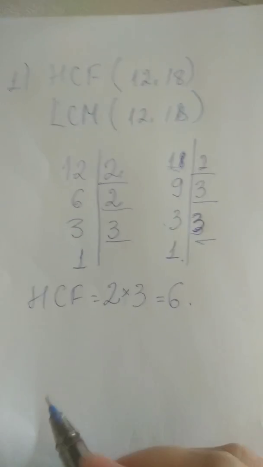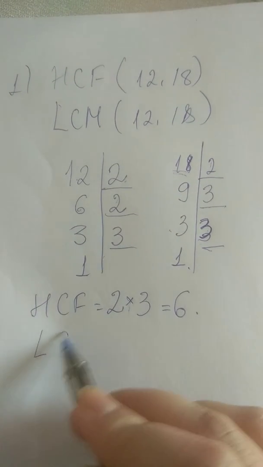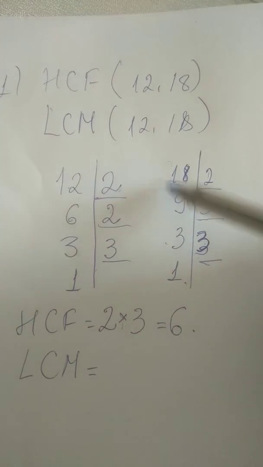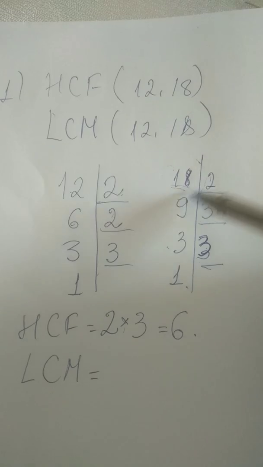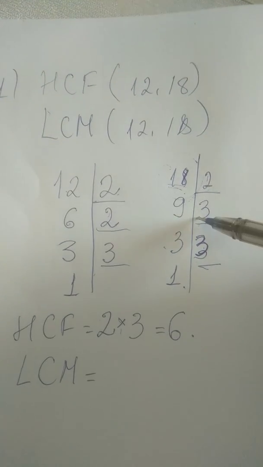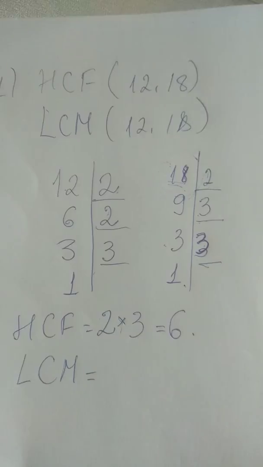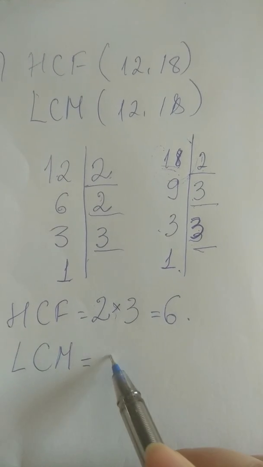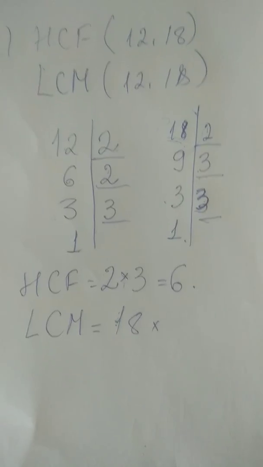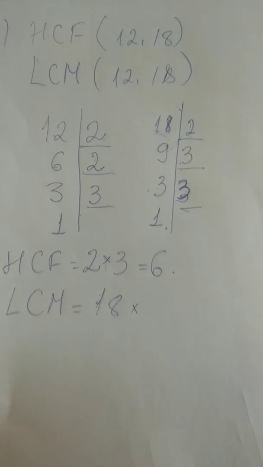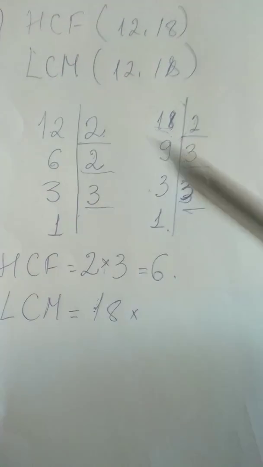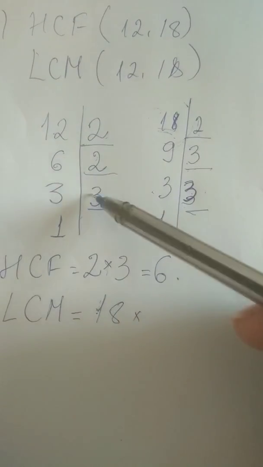And what about LCM? For the LCM, you should choose the biggest one. Biggest one means 18, or you can write it as factors, for example, 2 times 3 times 3. But I prefer to take the number, like 18, multiplied by, then look at the factors of the smaller number, which are 2, 2, and 3.